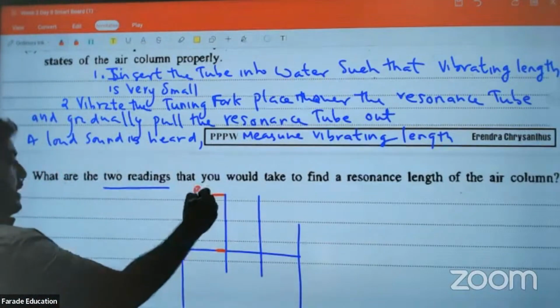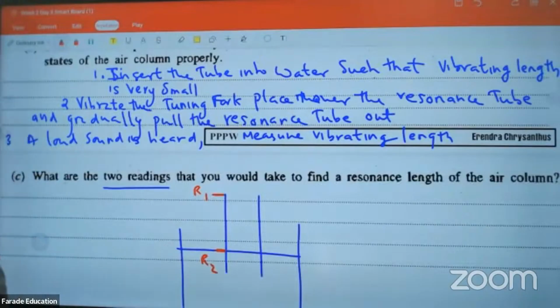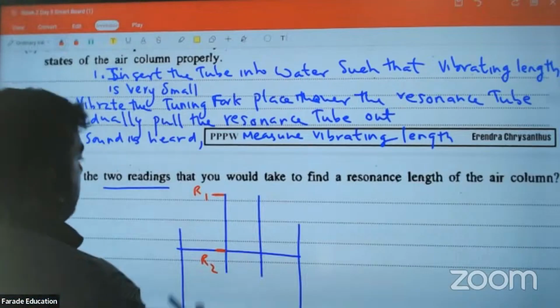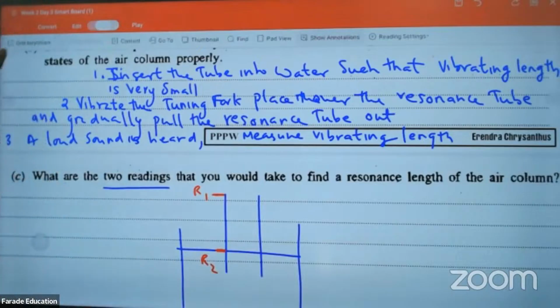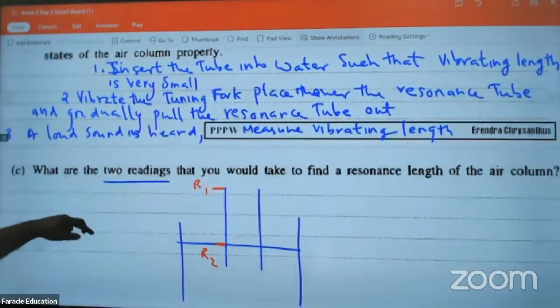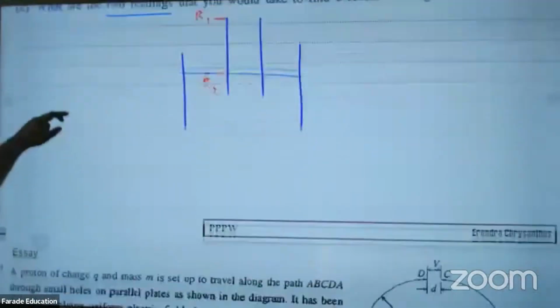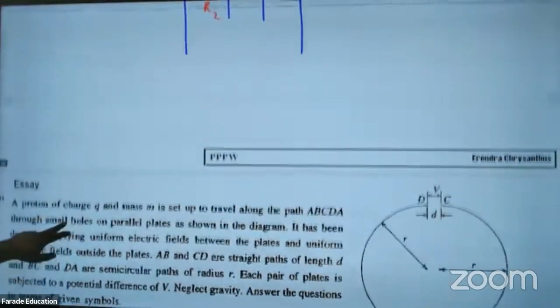First one, reading at the open end of the tube. Next one, reading at the liquid level.